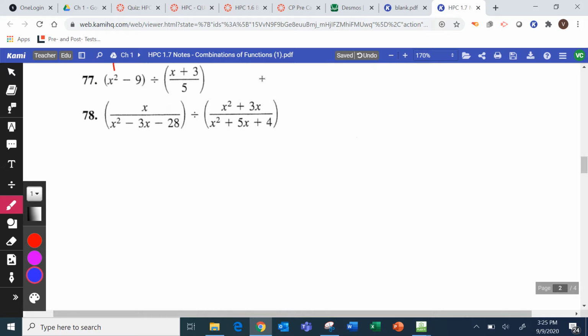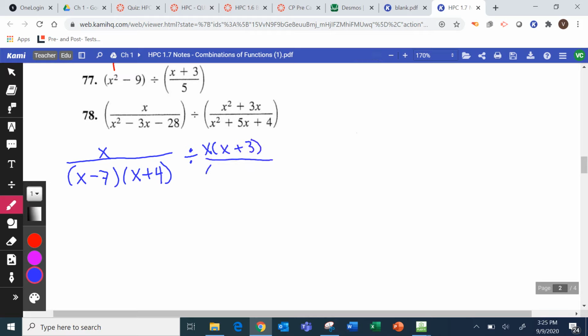Number 78. You can go ahead and factor it while I'm copying it. x minus 7, x plus 4, divided by x times x plus 3 over x plus 4, x plus 1.